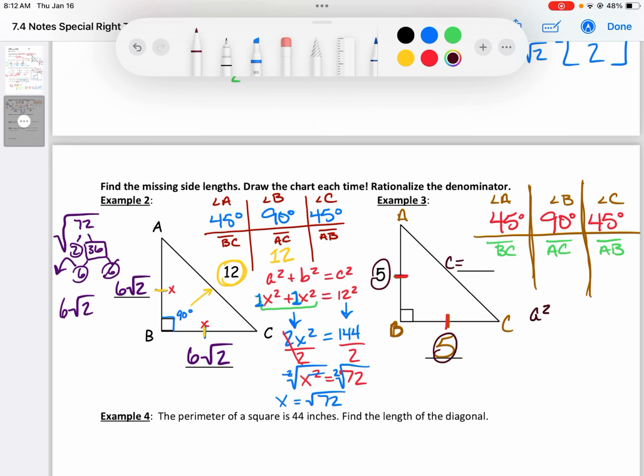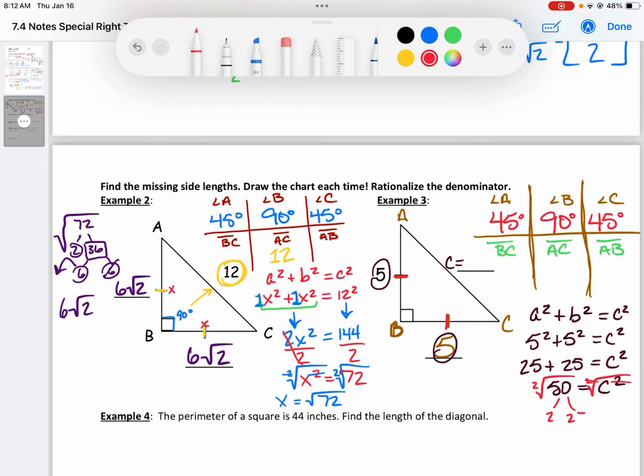So A squared plus B squared equals C squared. 5 squared plus 5 squared equals C squared. 5 squared is 25. Together, C squared equals 50. Now I have to get rid of the power, so I'm going to use a root, and I have to do it to both sides. So C is the square root of 50.